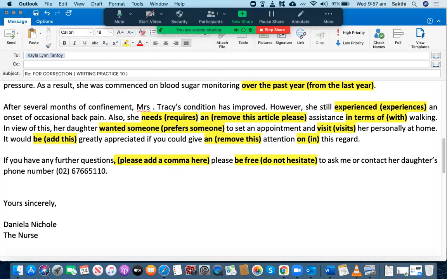To ask me or contact her phone number. Okay, so her daughter's phone number can be written down somewhere in the previous paragraph. In this paragraph it could be included, but she didn't include that properly.